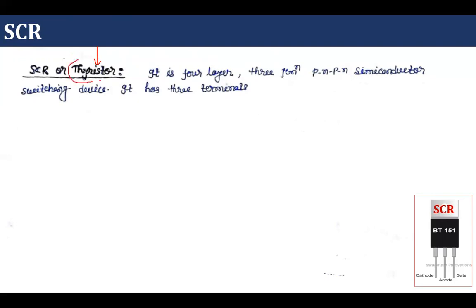A few words from thyratron and a few words from transistor have been taken, and then the word thyristor has been coined. Before the invention of semiconductor devices, we were using vacuum tube devices, and thyratron is one of them, but its size is large and handling is not that easy.